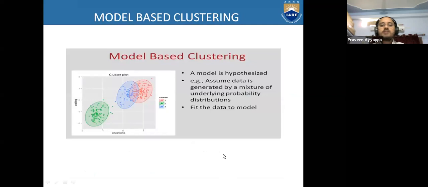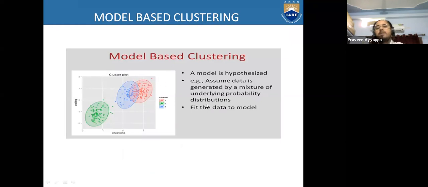The model-based clustering. So a model is a hypothesized example. Assume data is generated by a mixture of underlying probability distributions and fit the data to that particular model. So if you have a little understanding of the probability concept, the probability of occurrence of so and so thing, where this object is going to fall, whether it is going to fall in the cluster of greens, the cluster of blues, or the cluster of reds.